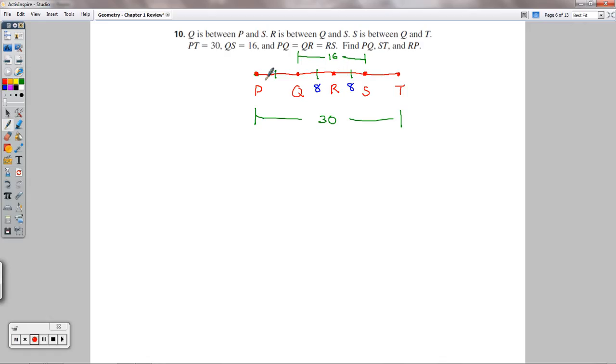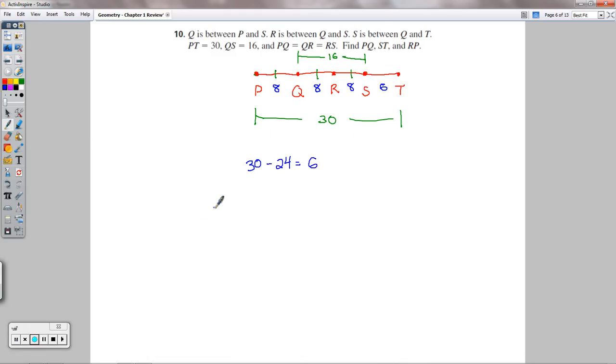If this is 8 and this is 8, this has to be 8 as well, since all three of those are congruent. And then if you take these three together, you've got 24. And if you do 30 minus 24, that gives you 6. Therefore, ST, what's left over, since 24 is from here to here, you'd have to have 6 more from here to there to get the whole distance of 30.